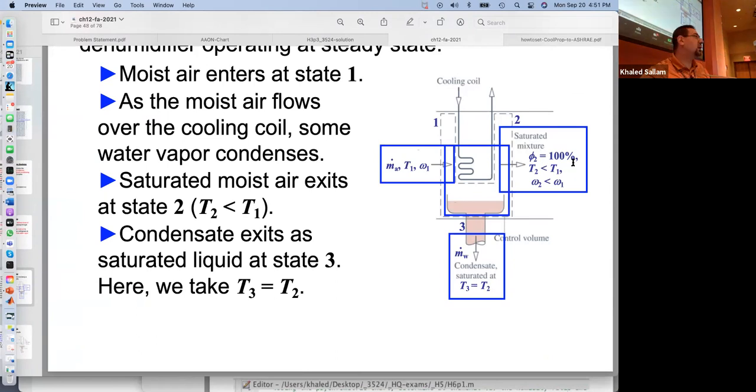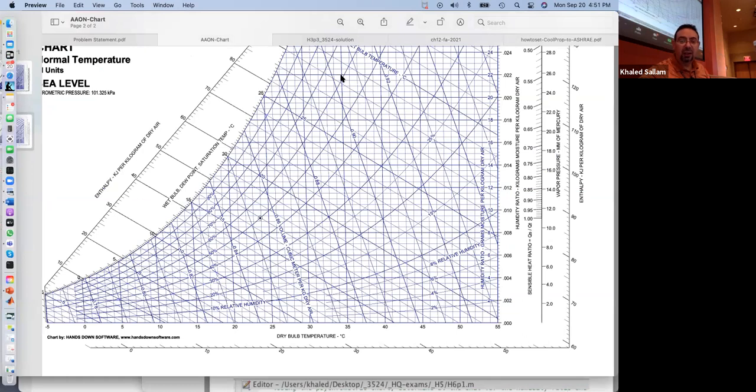Notice how phi2 is 100%. Why is that? Because when you are here and you are cooling, you cool like this. And once you stop here, once you got this temperature, what do you call that temperature?